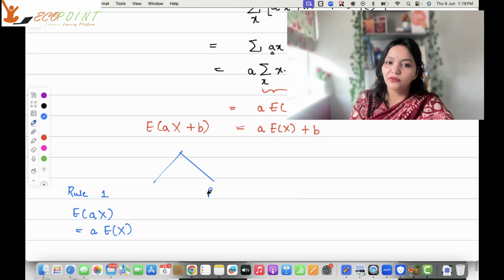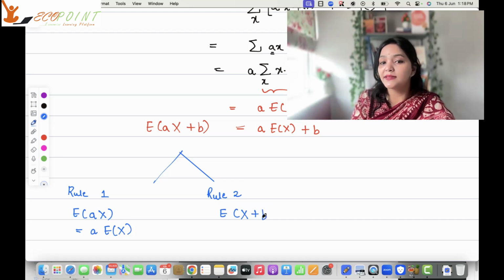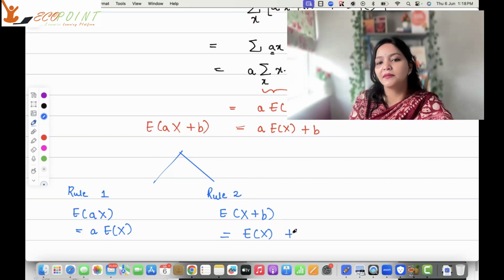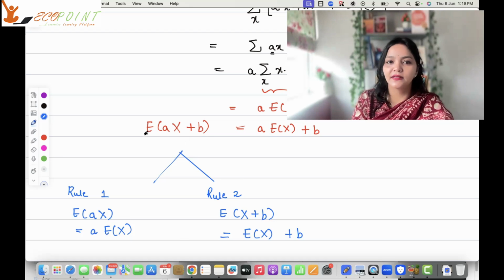And another rule, expected value of a random variable x plus b. B is a scalar. This is nothing but expected value of x plus b. When you combine both the things, you will get this result.